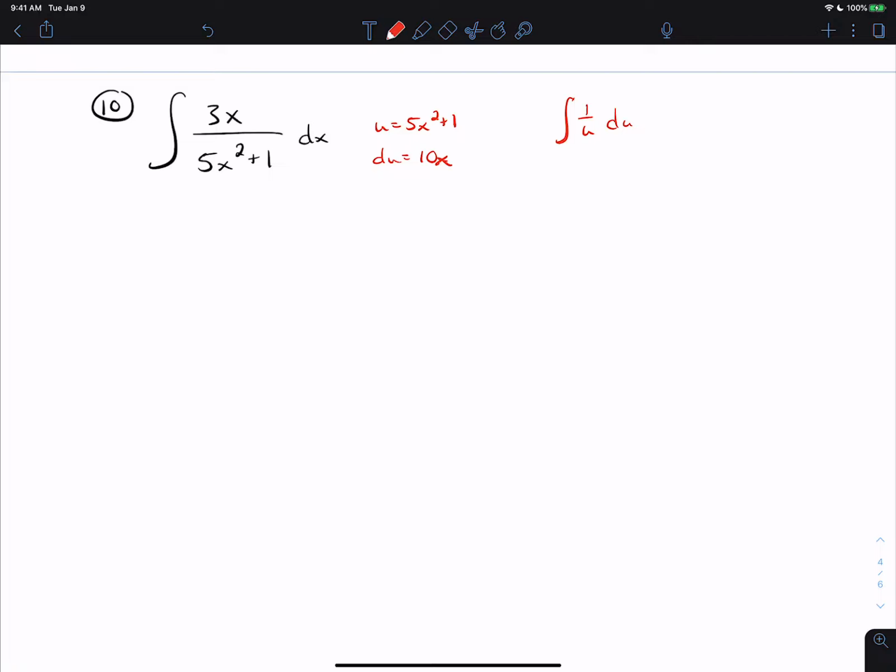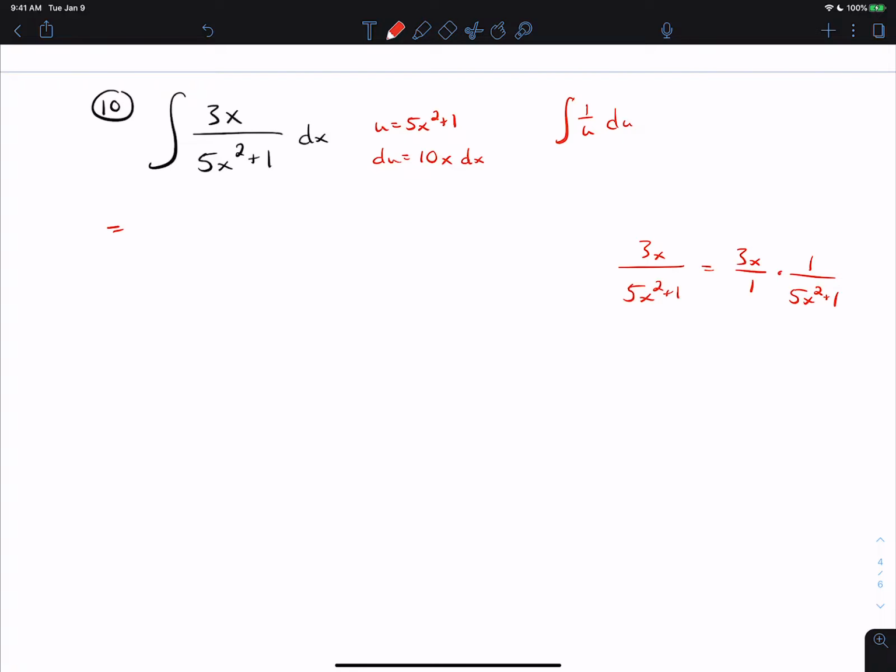Because of the way the algebra works with fractions, we can think of 3x over 5x squared plus 1 as the same thing as 3x over 1 times 1 over 5x squared plus 1. So we can pull the 3 and the x off of the top of that fraction.